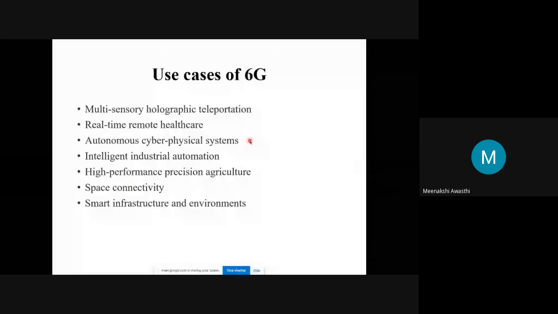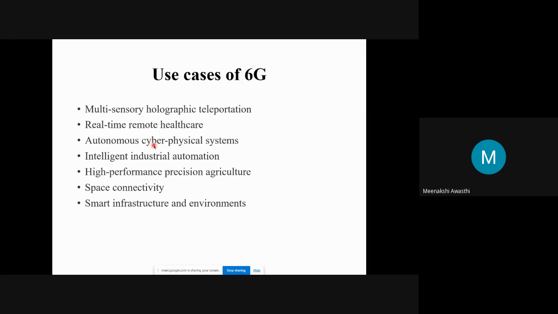In short, multi-sensory holographic teleportation is a use case of 6G. Real-time remote healthcare, which I have already told you about, like doing surgery in real time or helping a patient with diagnosis, can be done with remote healthcare and is also a use case of sixth generation.